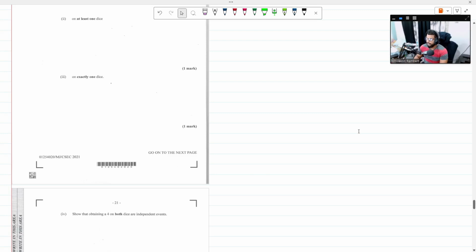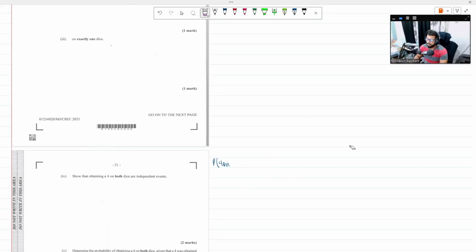So this is going to be, for independent events, the probability of A intersect B is the probability of A multiplied by the probability of B. So obtaining a 4 on both dice is going to be the probability of a 4 on dice 1 intersect a 4 on dice 2.